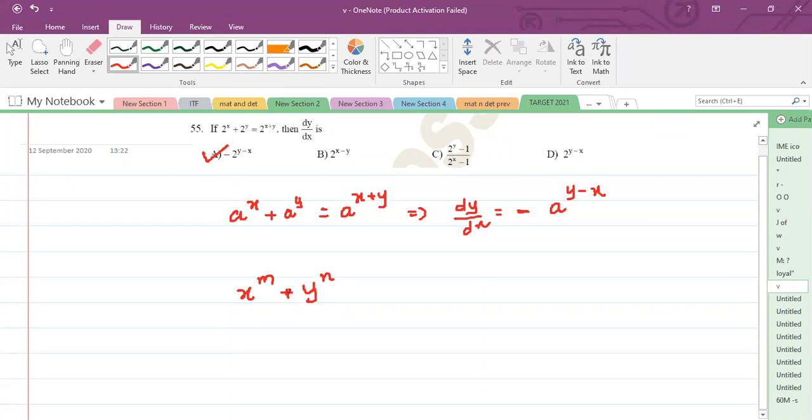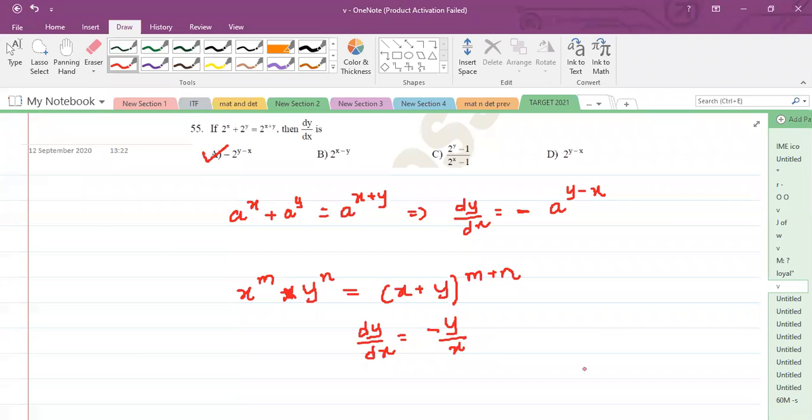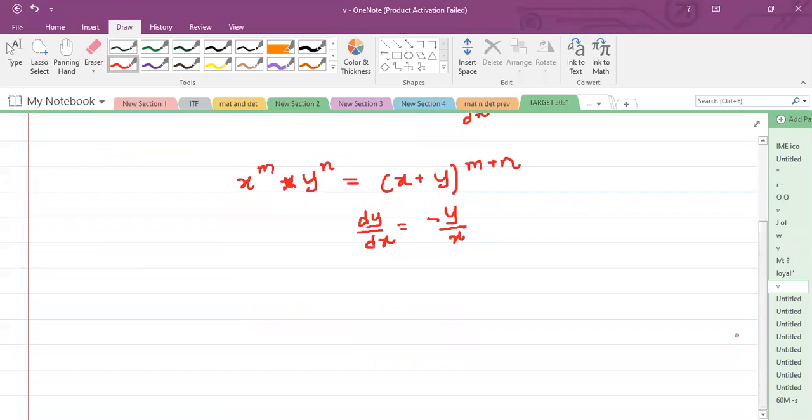If x raised to m into y raised to n is equal to x plus y raised to m plus n, then dy by dx is equal to minus y by x. Always dy by dx is equal to minus y by x.